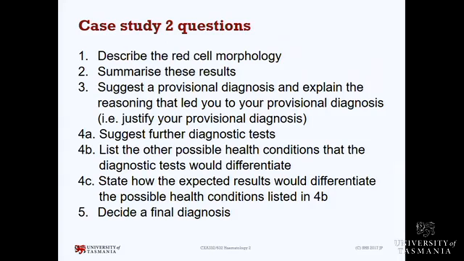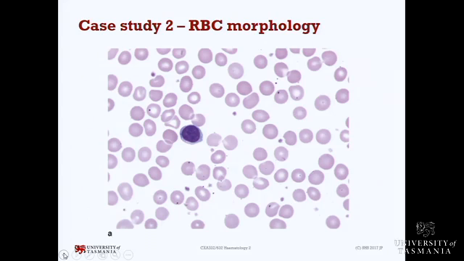So these were the descriptions here. So the cell morphology, I think microcytic hypochromic, but looking at the results, the anemia is really not all that amazing. It's a fairly mild anemia. So if we've got a mild anemia in a person of this age, what do you think it could be?